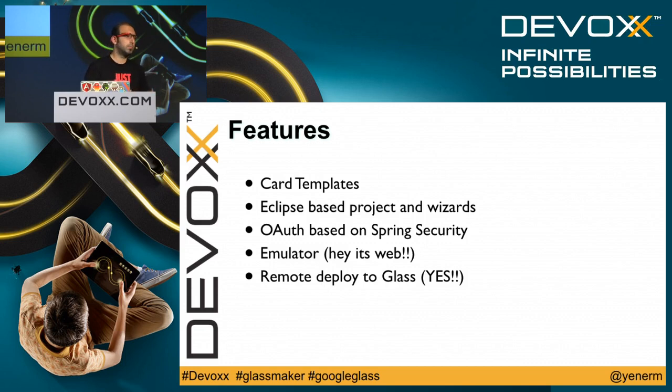All the projects are based on Eclipse standards. We have Eclipse wizards, so you can just use the included wizards for creating a project or creating new cards. One nice feature is that people who start developing for Glass usually have problems with the OAuth flow. So we have Spring Security embedded. All you need to do is type in your Google client ID and secret, and the OAuth flow will magically, automatically work for you.